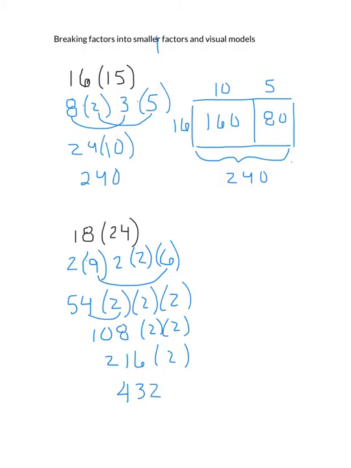That's just one possibility. Well, again, let's look at it as an area model to check our work. So do we want to break up 18 or do we want to break up 24? Well, I'm kind of inclined to do it this way myself. I'm going to break 18 up into 10 and 8.